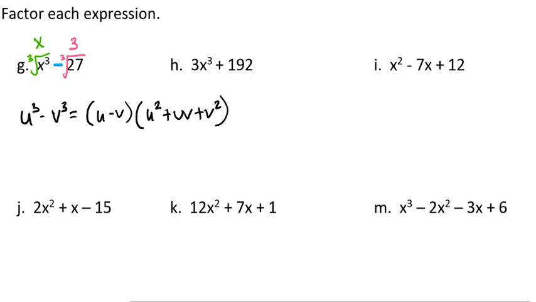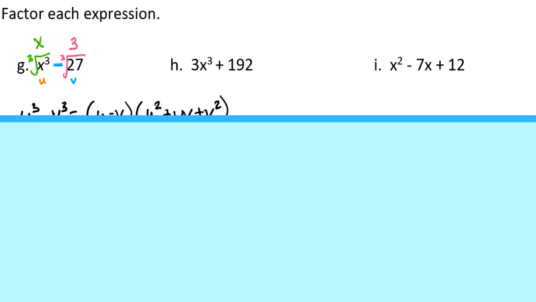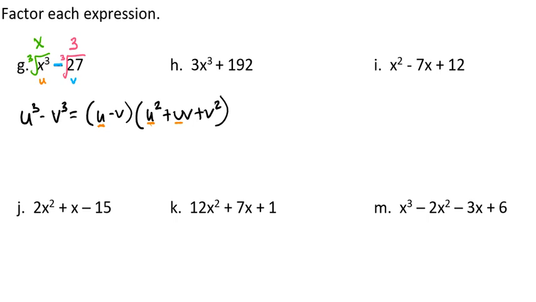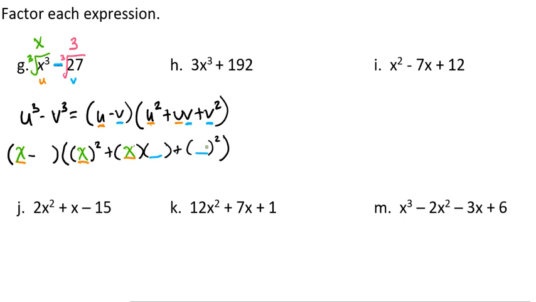And so here our u value is going to be our x, or our first term, and our v value is going to be that 3. So we're going to put an x into all of the u places, and we're going to put the 3 into all of the v places. All right, so let's fill that in. We're going to put in our x here, here, here, and we're going to put in our 3 here, here, and here.